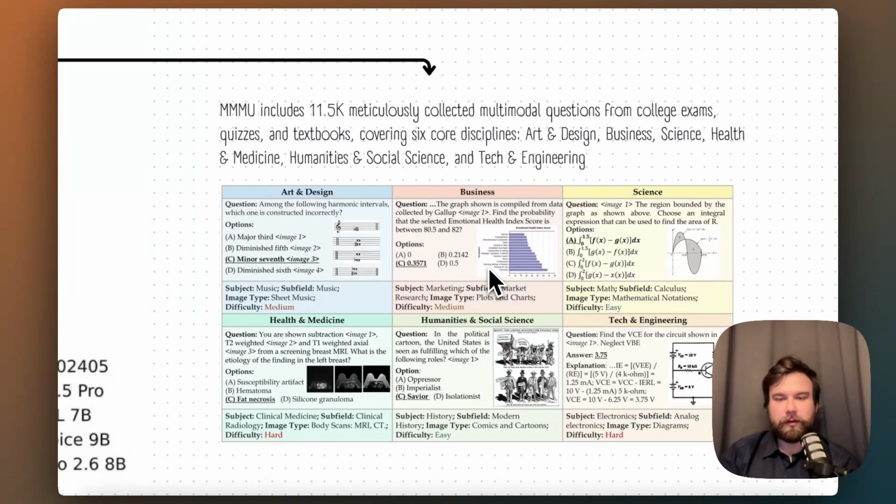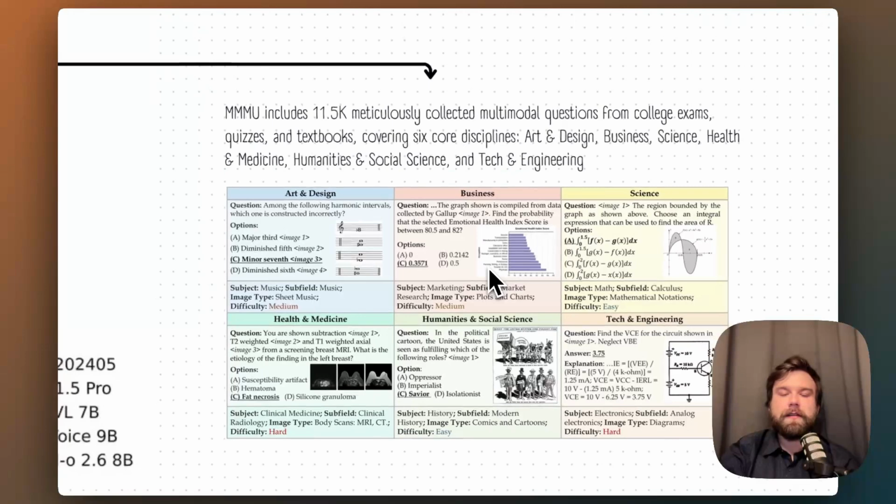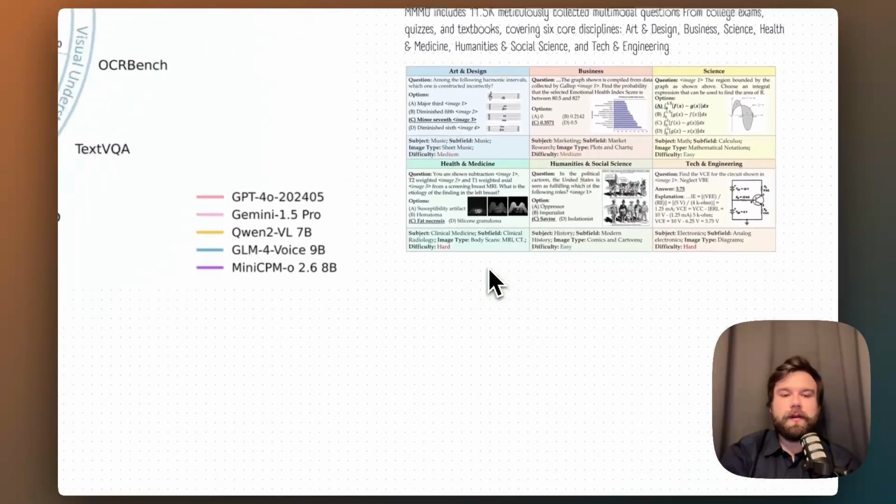So this is a problem for a college student. So we can expect a certain level of reasoning, also knowledge and reasoning. So solving mathematical problems, analyzing comics connected to some political events and stuff like that. So also a harder benchmark.